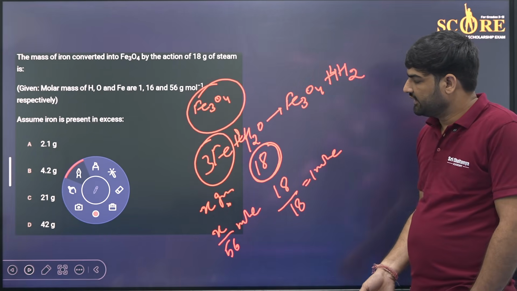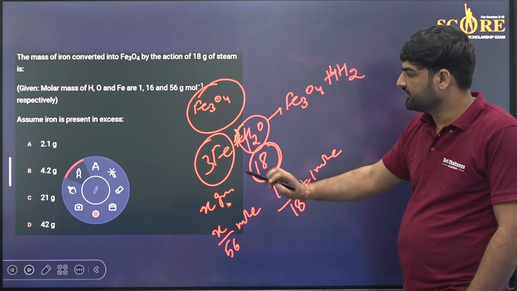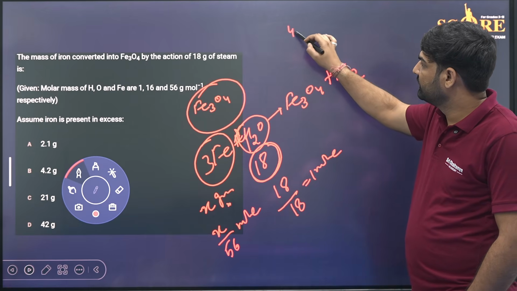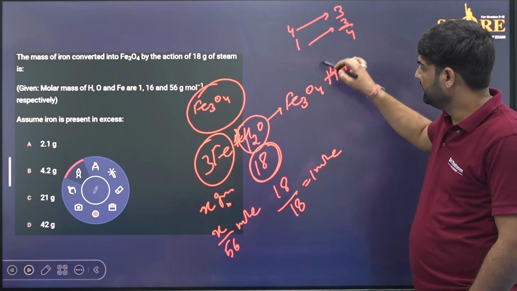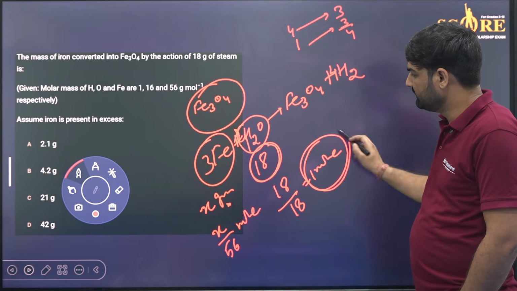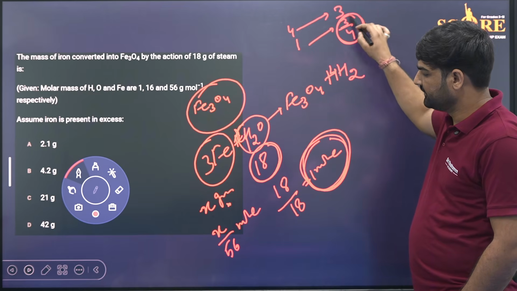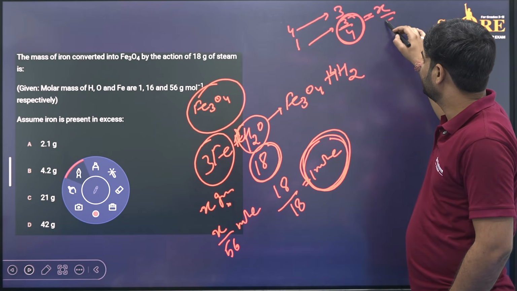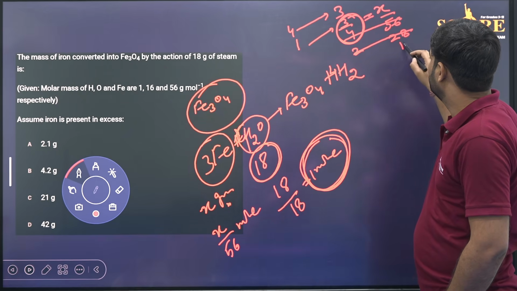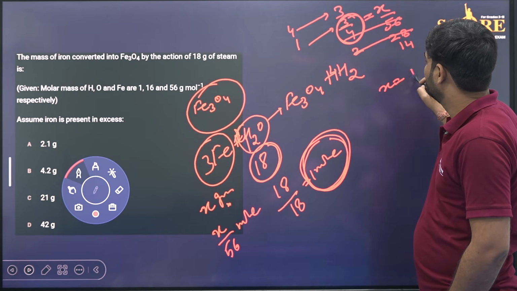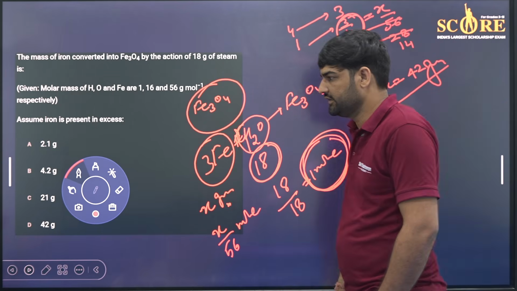Now you can say that if 4 mole of steam reacts with 3 mole of iron, then 1 mole of steam reacts with 3 by 4 mole of iron. This will be x by 56. Now you can calculate this, x is 42 gram. So by this we can solve it.